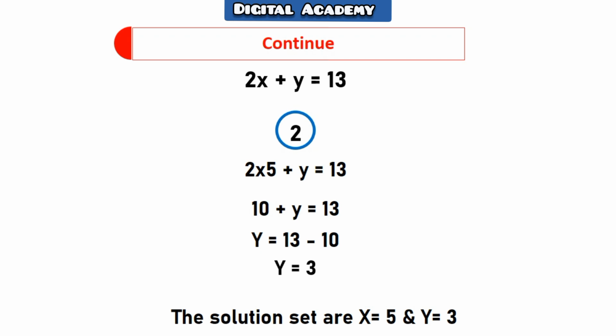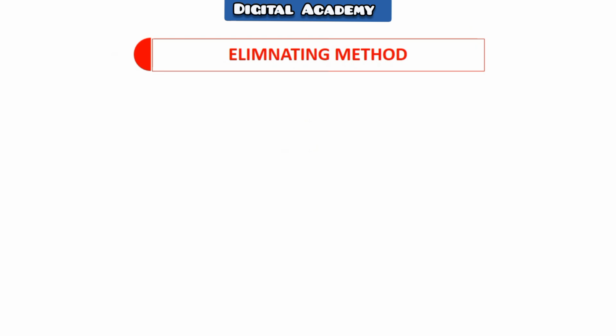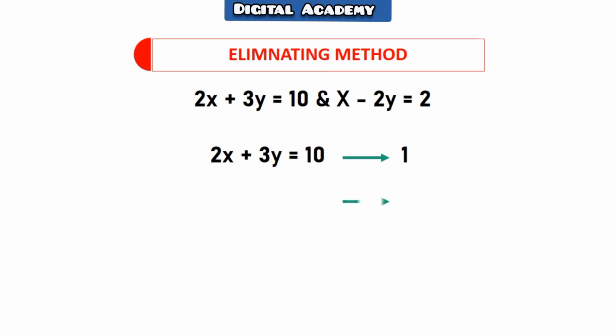Problem 2. By using the elimination method, let's solve step by step. 2x plus 3y equals 10, and x minus 2y equals 2. Step 1. Multiply the second equation by 2 to make the coefficients of x equal.